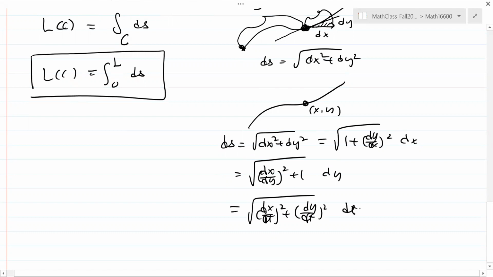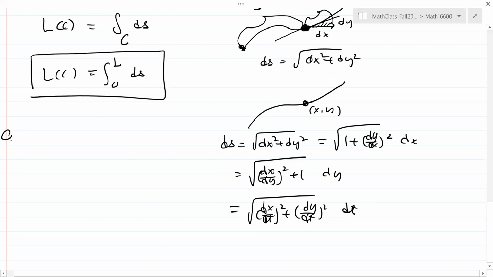So that means if both x and y depend on another parameter, then ds is related to that parameter by default. This is called the chain rule. Then you can use any of these formulas to solve the problem.